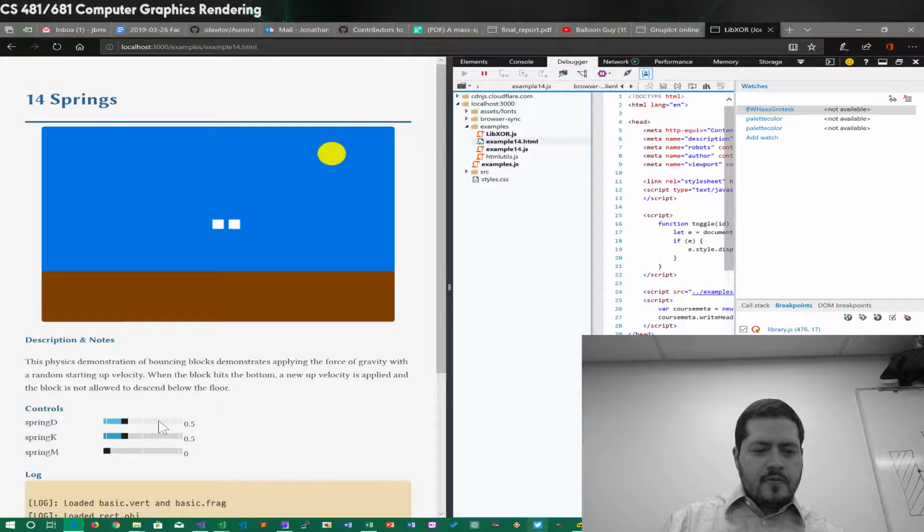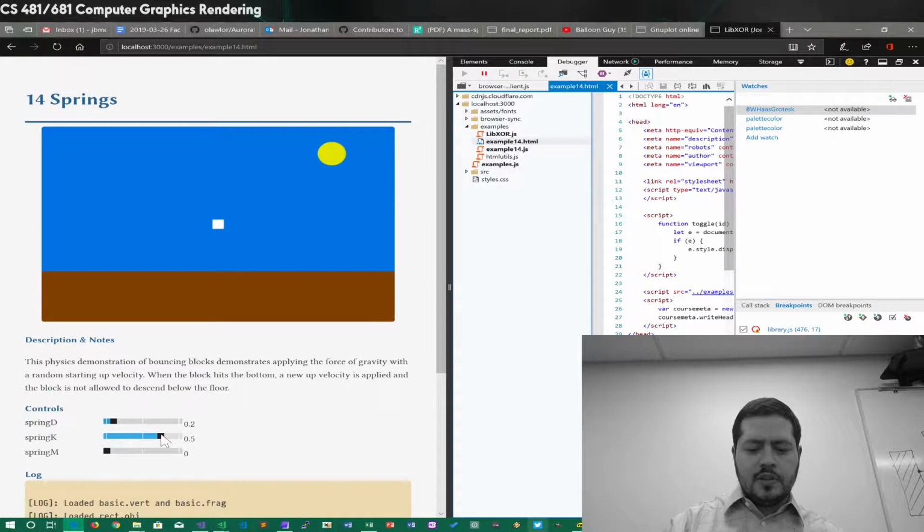Okay, so if we set a high damping value, then we would expect this to really slow down. And if it's got a very low one, then we make something nice and snappy.